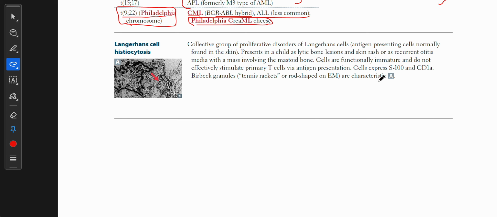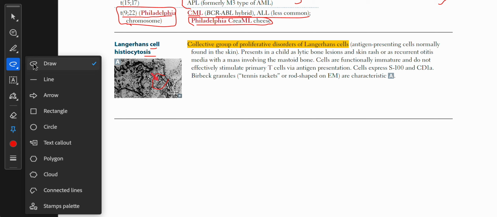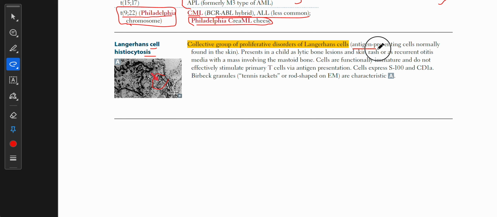The last but not least of hematology and oncology of pathology, we have Langerhans cell histiocytosis. You can see in the figure. So what is it actually? Langerhans cell histiocytosis is a collective group of proliferative disorders of Langerhans cells. What are Langerhans cells? Langerhans cells are antigen presenting cells normally found in the skin.